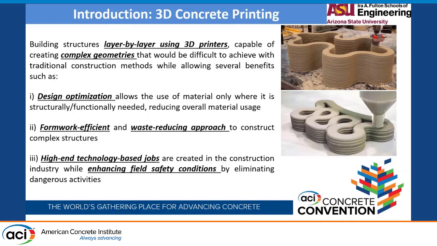So it saves us a lot of material. It saves us a lot of construction time and reduces construction cost. It produces high-end technology-based jobs and enhances safety in the construction field by eliminating risky jobs such as scaffolding operations, etc. And also it reduces the requirement of formworks in the construction field.